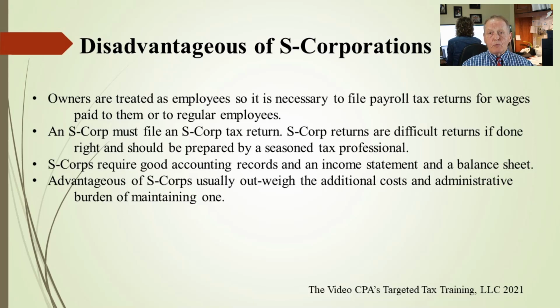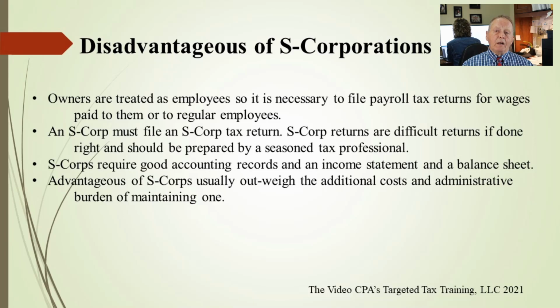So S-Corps require good accounting. They require good income statements and good balance sheets. But still, in my opinion, the advantages outweigh the disadvantages, all that administrative burden that you might have to put up with.